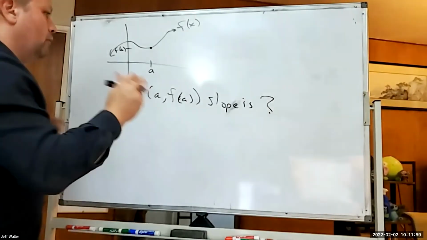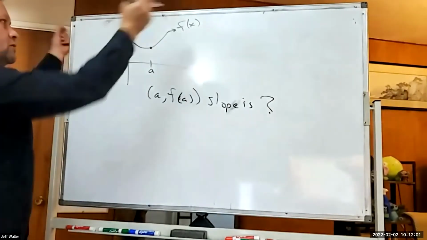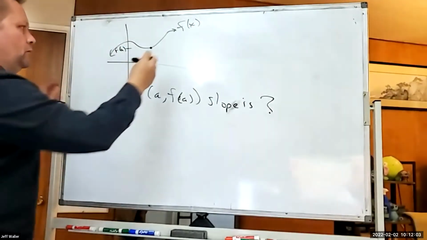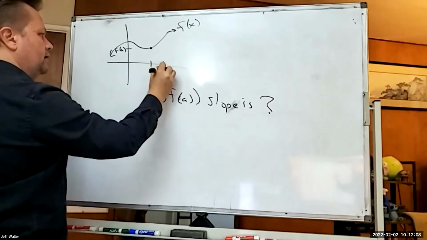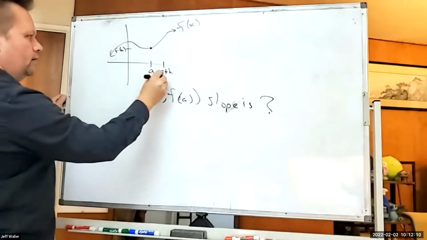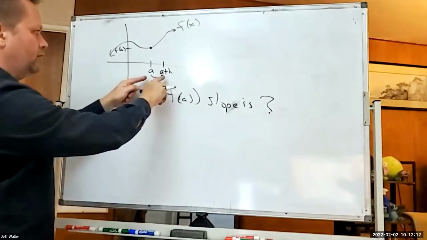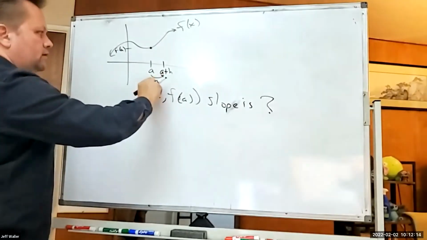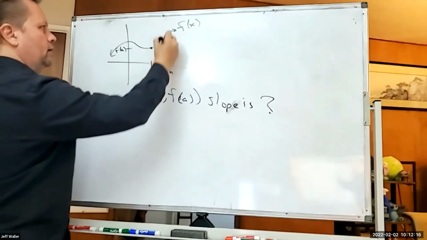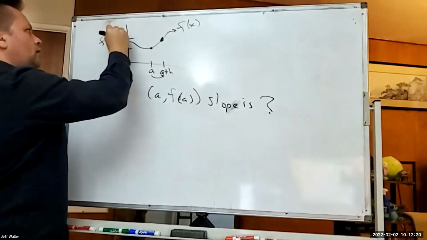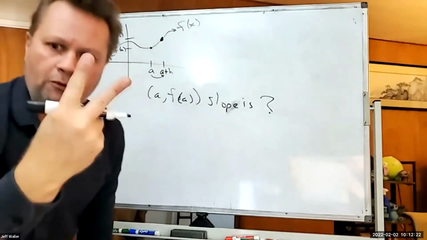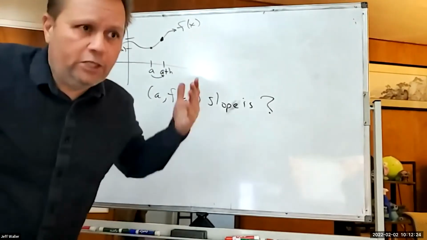Now here's what's interesting. The idea is to take something some distance above, I could go below also, it doesn't matter, some distance away from A. And the only reason we do that is because the only way to get the slope is to have 2 points. That's the only way we know to get slope.